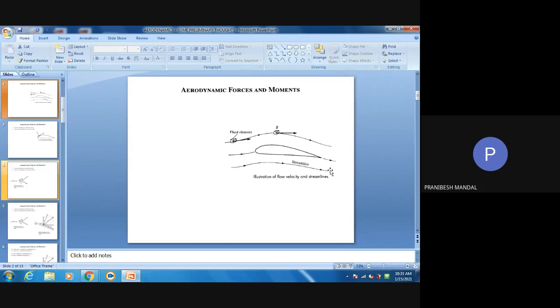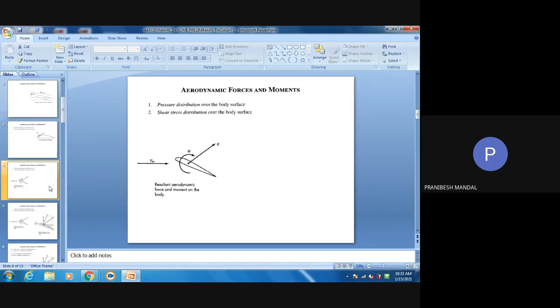If this particular object moves through air, can we consider there is a relative air velocity from the opposite side? Can we consider this as is shown here as V infinity?